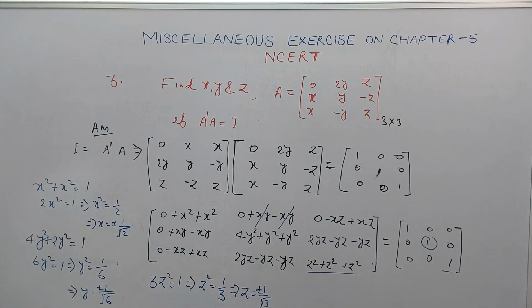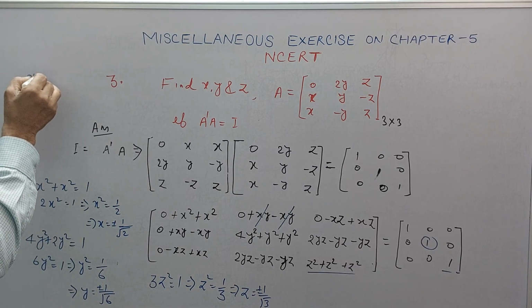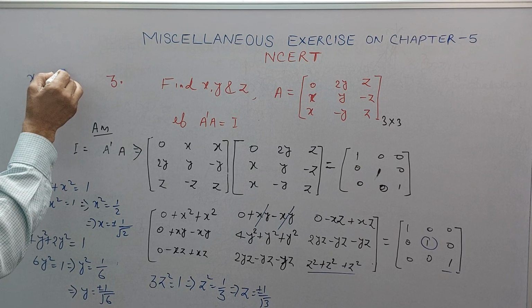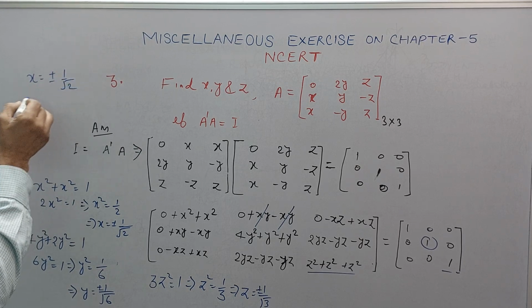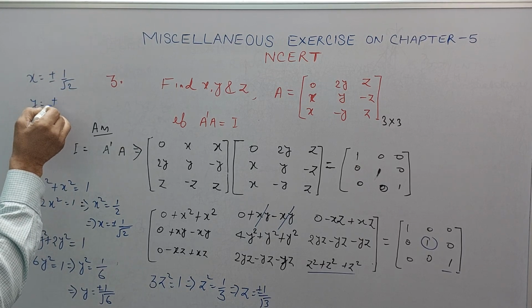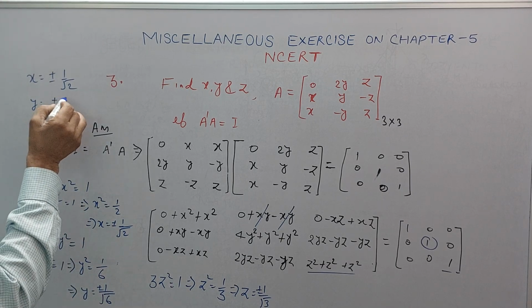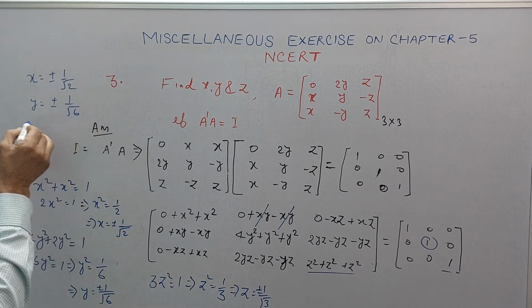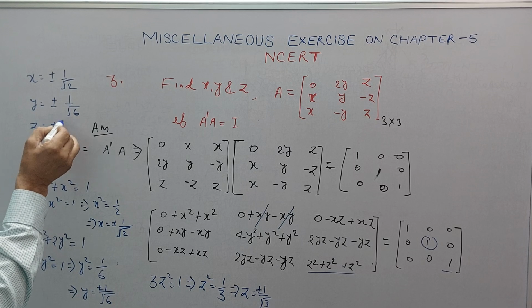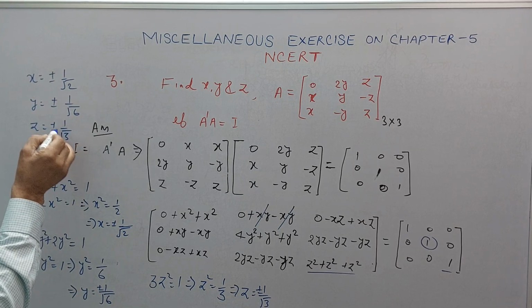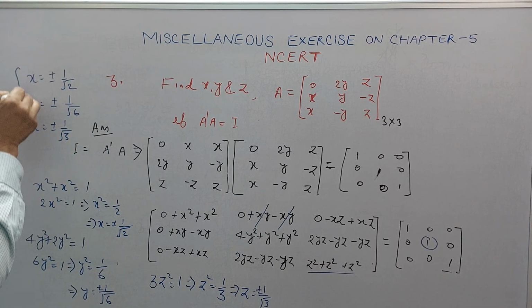So now our answer comes out. Our values are x is equal to plus minus 1 upon root 2, y has the value plus minus 1 upon root 6, and our z has the value plus minus 1 upon root 3. So this is our answer.